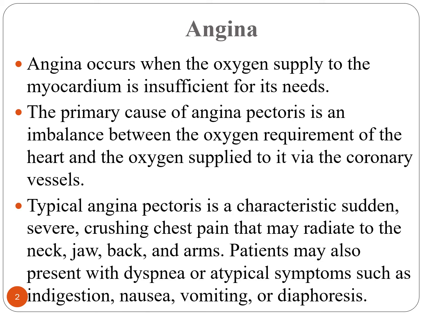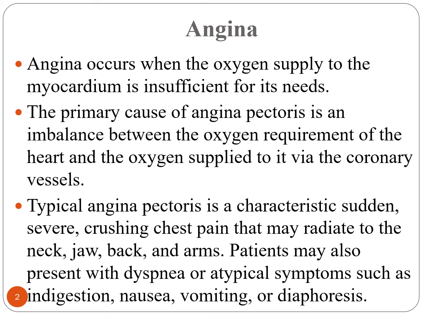Typical angina pectoris is characterized by sudden severe crushing chest pain that may radiate to the neck, jaw, back, and arms, as you know. The patient may also present with dyspnea, shortness of breath, or atypical symptoms that do not commonly occur.